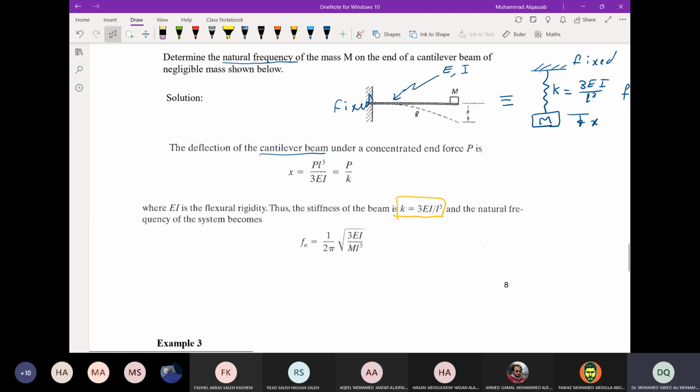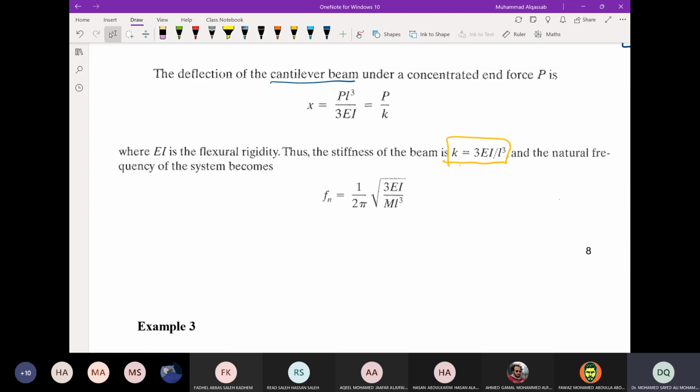Fn equal to 1 over 2 pi times the square root of K over M. K is 3EI over L cubed divided by M, and that will be the natural frequency, where K is given as an expression which is a function of the beam elasticity and geometry as well, which is I, neglecting the mass of the beam.